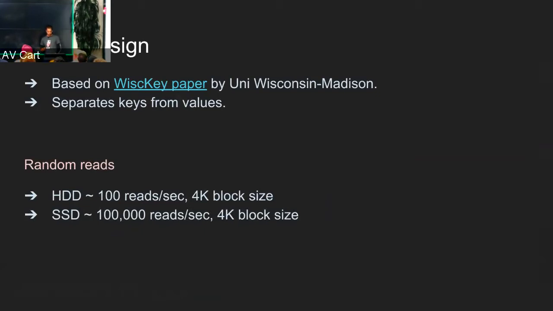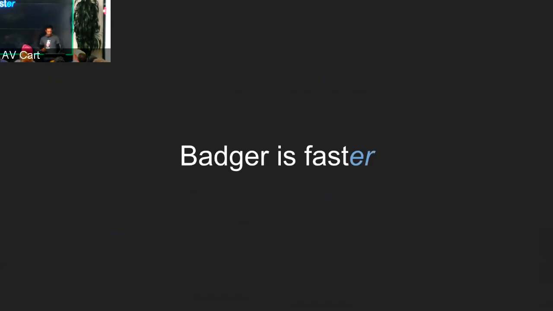Solid-state drives, on the other hand, achieve high random read throughput, so the values can be separated from the keys, reducing the size of the LSM tree considerably, which has many benefits. This basic design, along with a solid implementation, is what makes Badger faster.